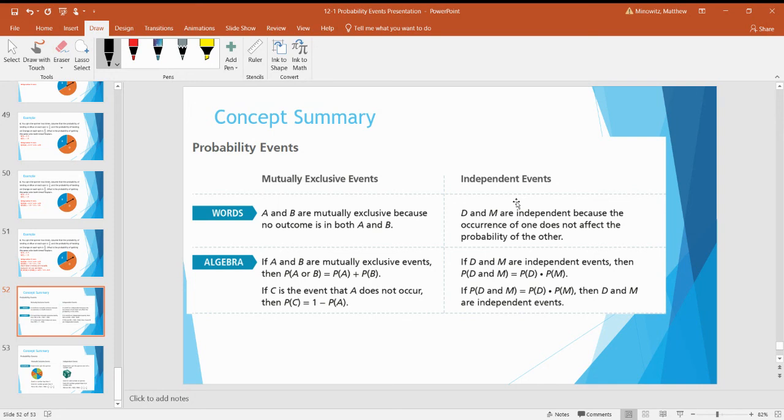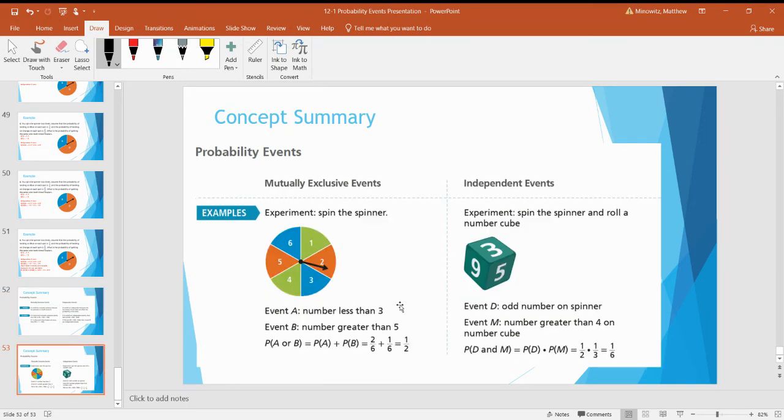So if I flip a coin and then I roll a die, neither event changes the outcome of the other event. And here are some formulas that you can use. Okay, so mutually exclusive example and independent example. And that is probability events.